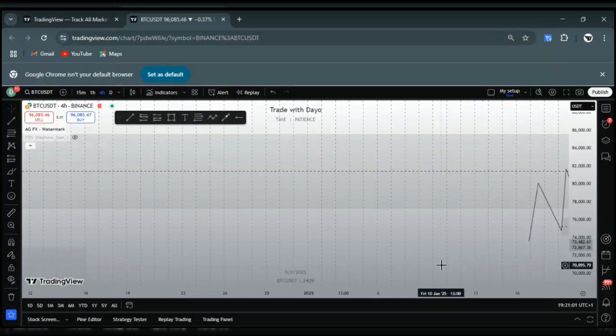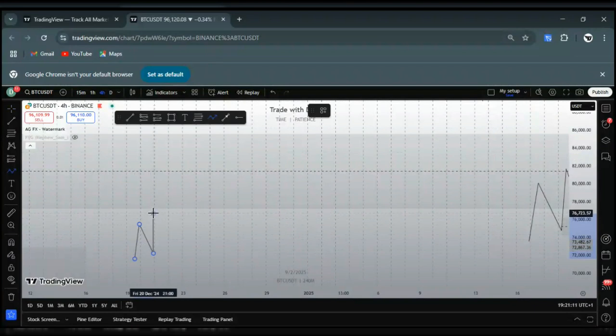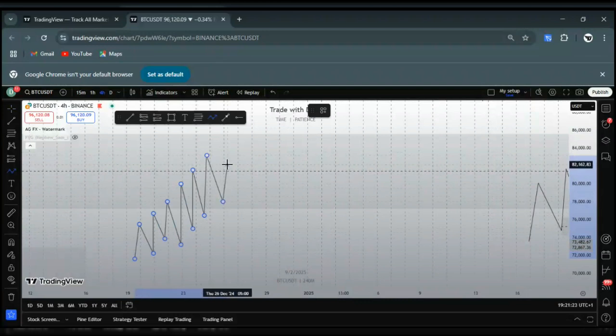For example, according to what I thought, the market creates higher highs and higher lows, creates higher highs and higher lows, then changes character and starts creating lower highs and lower lows, lower highs and lower lows.